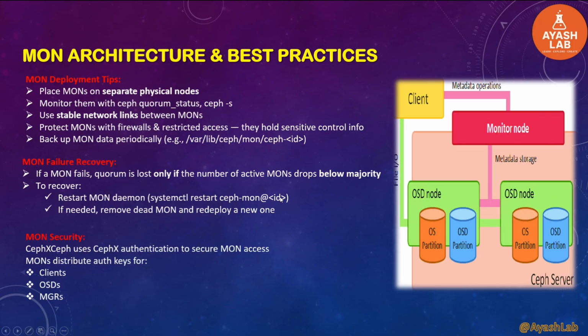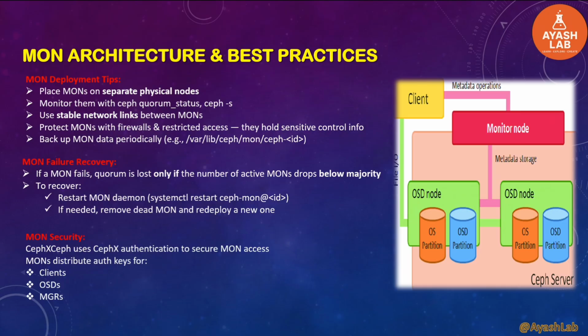The ID means each monitor has an ID, like mon ID 1, ID 2, ID 3, and it will be replaced by that. Then if the Mon is completely dead, you can remove it from the Mon map and redeploy it on a healthy node. But again, if you have three Mons and two are down, there's no quorum. Your cluster becomes read only.